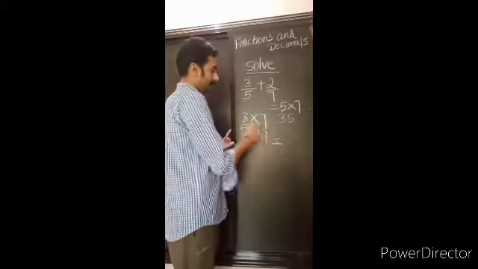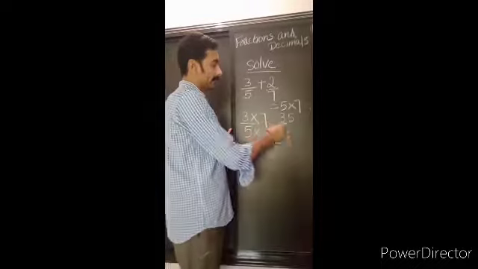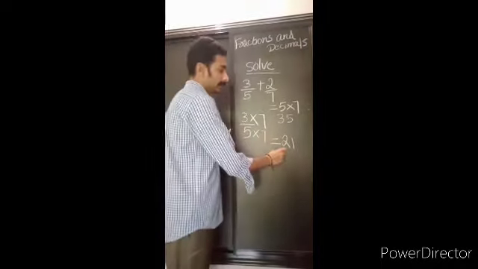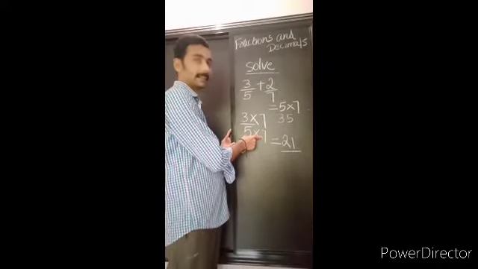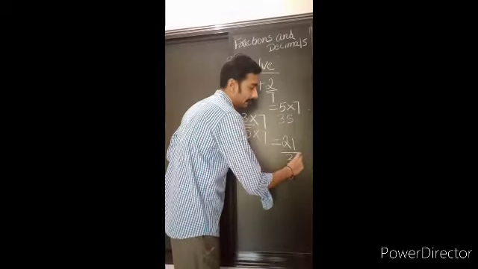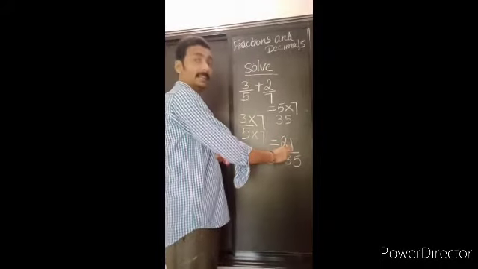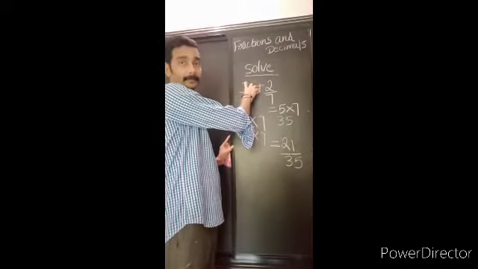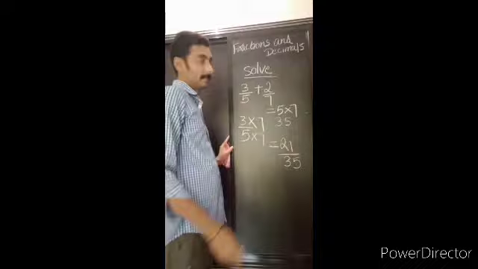That is 3 into 7, 21, and 5 into 7, 35. The answer is 21 by 35 for the first one.